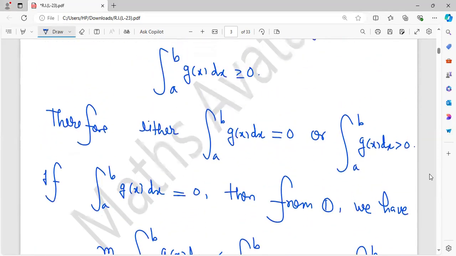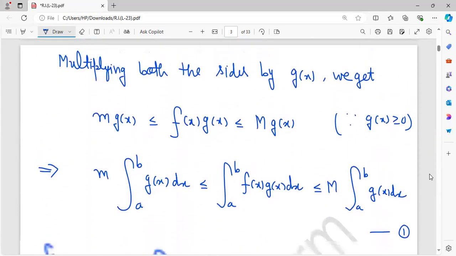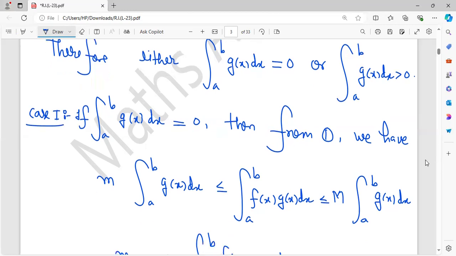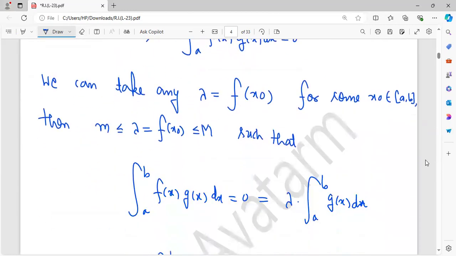You can say this is case first here. What is case first? If this integral is 0, in that case we have shown that the theorem follows. In that case, you can take any lambda, where lambda is obtained from the functional value f(x naught), x naught belongs to [a, b]. Okay, that will work.